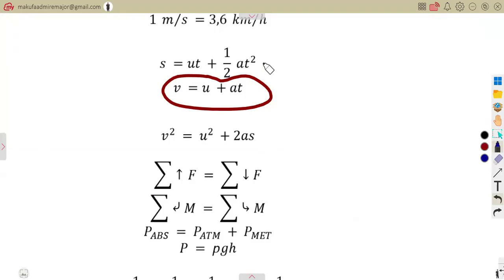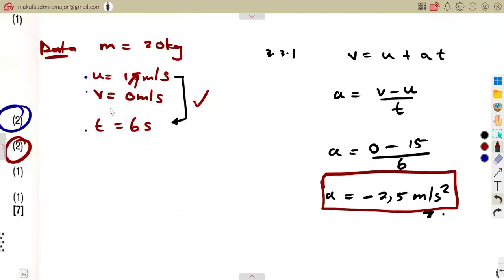There's also this formula, which is not given on your formula sheet: S is equal to U plus V over 2 times T. You can use this because you have got U, V, and T initially here. So S is equal to U plus V over 2 times T.